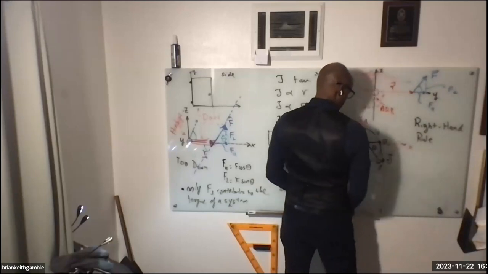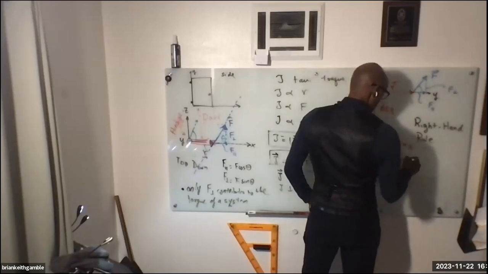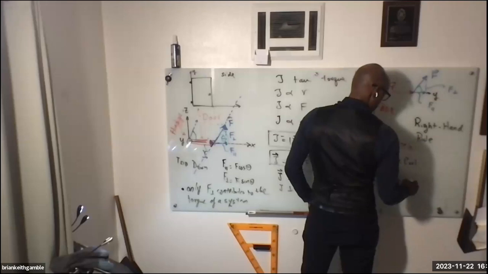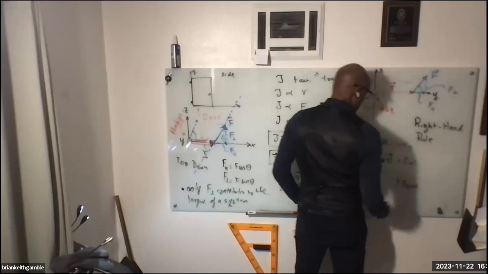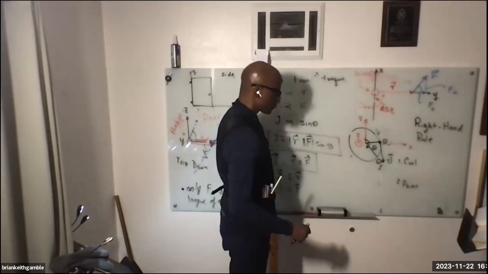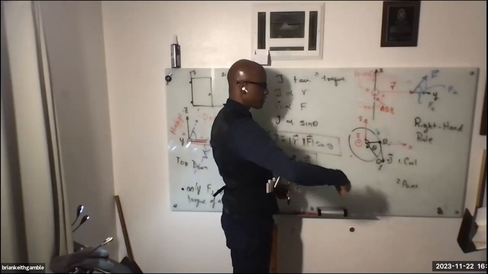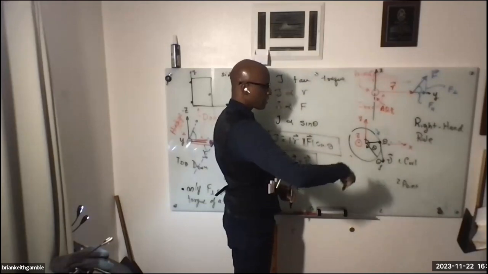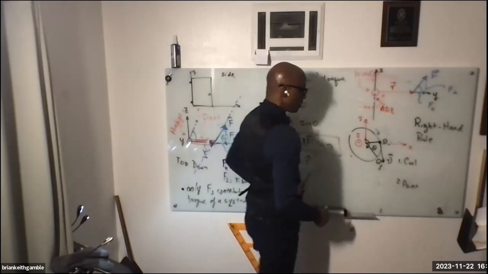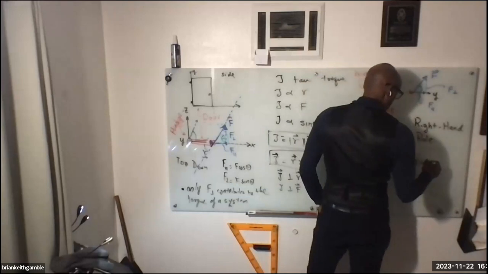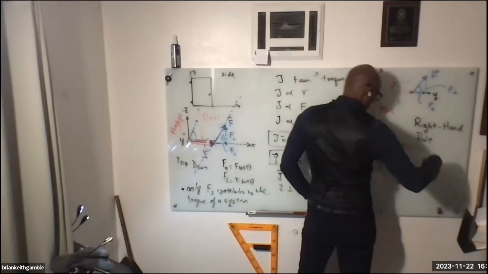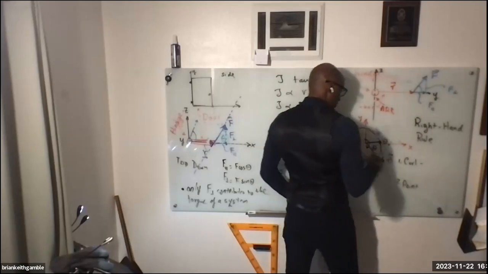You curl your fingers in the direction of rotation, make a fist, and then your thumb points in the direction that defines that rotation. So curl fingers along the orientation of rotation.